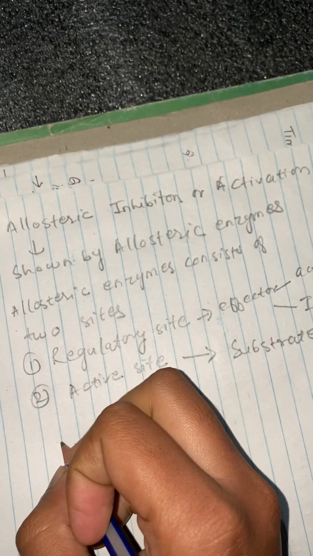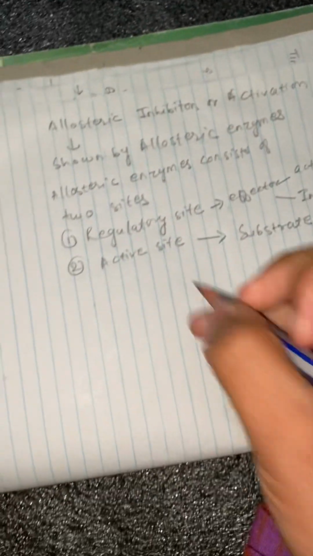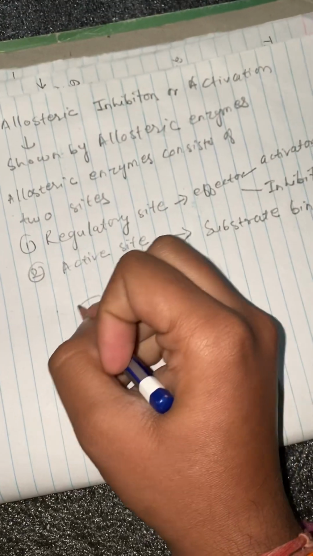Let us see an example with a diagram. This is the allosteric enzyme.